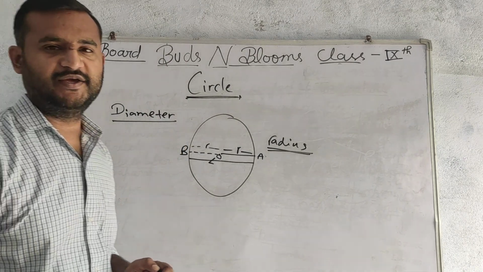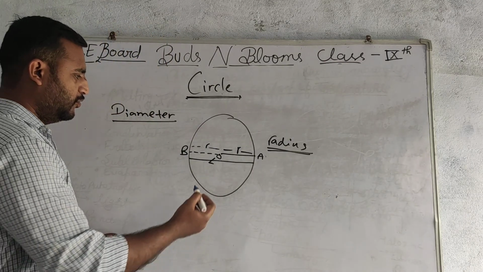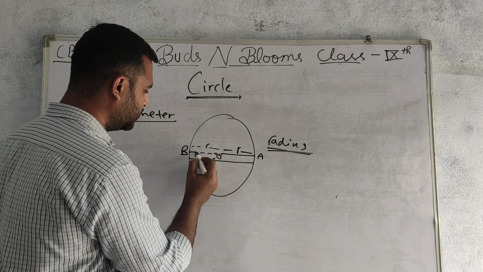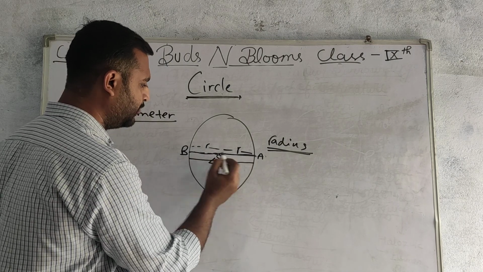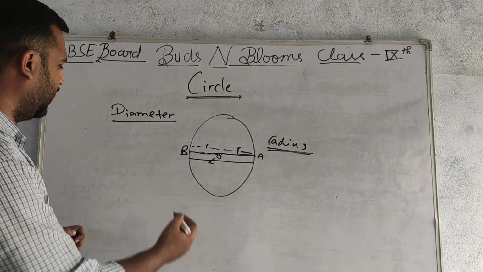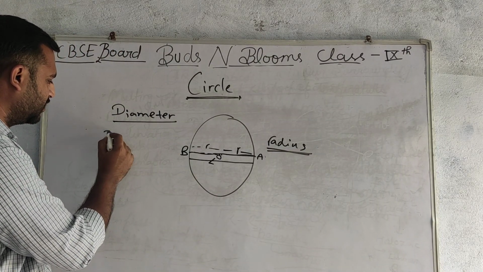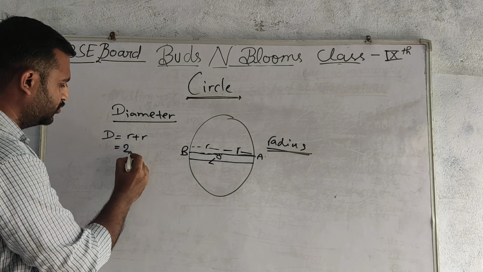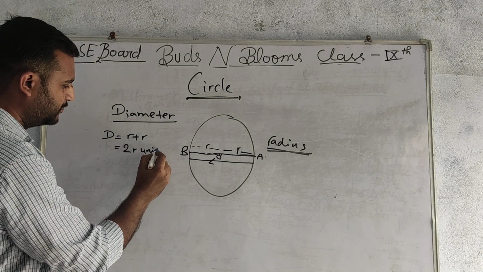Diameter of a circle means when a line goes through the center of a circle from one point to another point, and its measurement is d equal to r plus r equal to 2r unit.